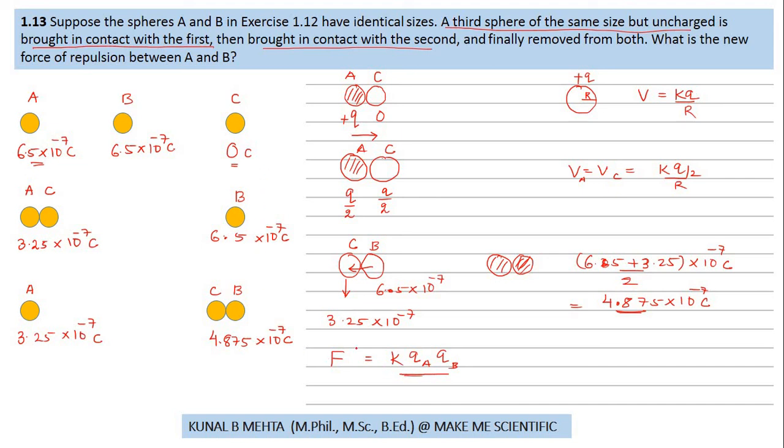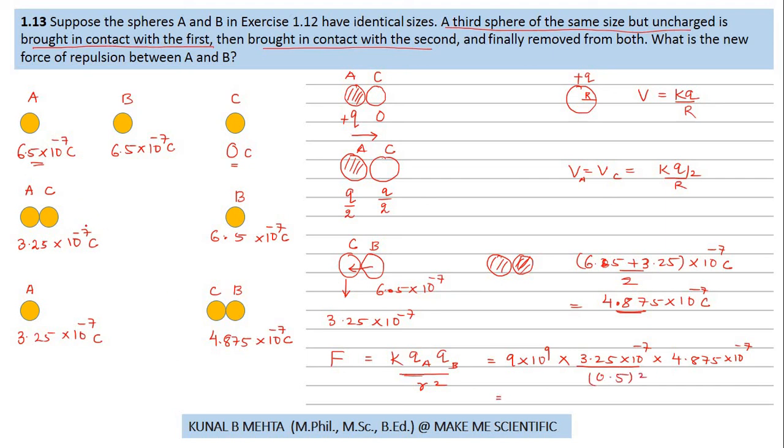Earlier the distance between A and B was 50 centimeters, which is going to be the same over here. So it will be r square. If I substitute the values, 9 into 10 raised to 9 into QA, which is 3.25 into 10 raised to minus 7, multiplied by 4.875 into 10 raised to minus 7, divided by 0.5 the whole squared.